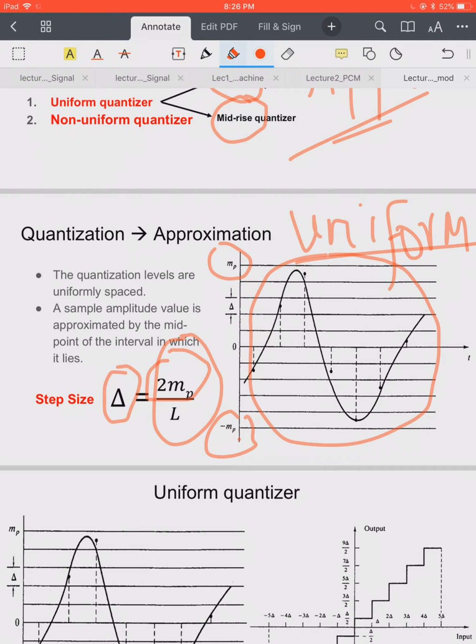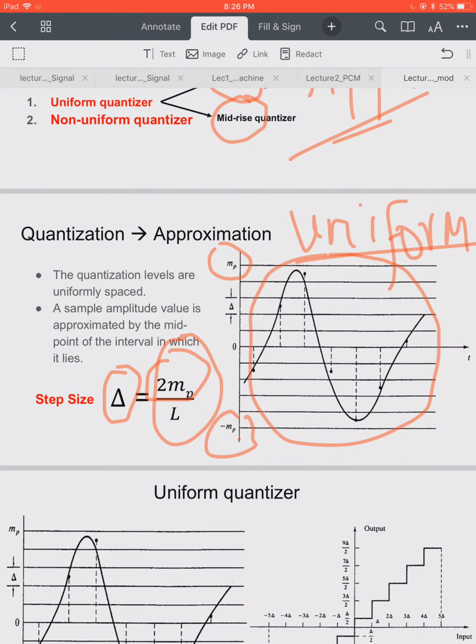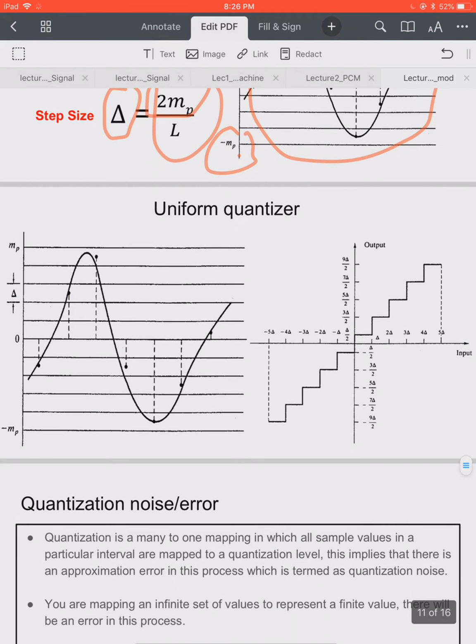Now suppose I have used a uniform quantizer with levels from minus 9 delta by 2 to plus 9 delta by 2.